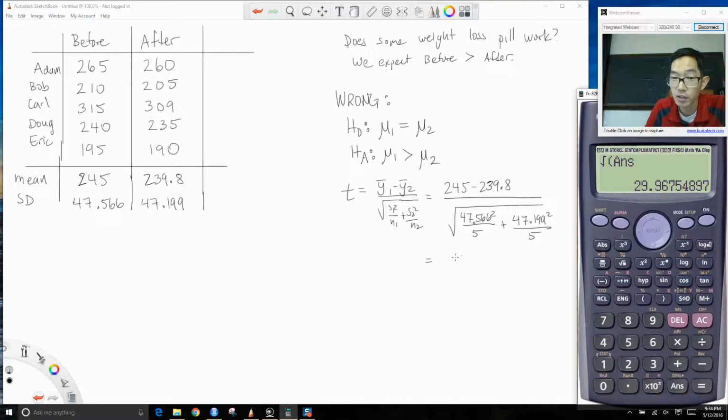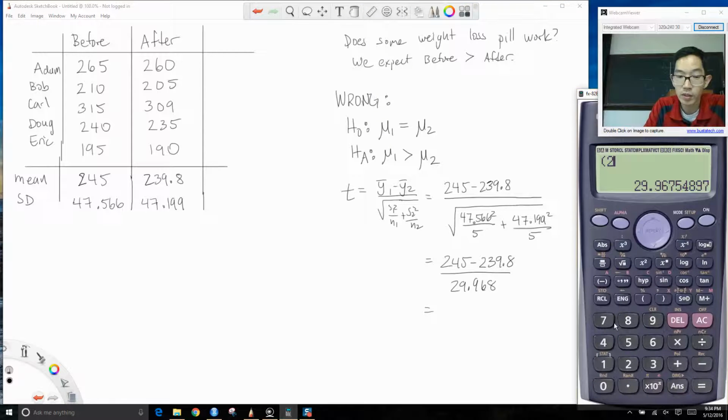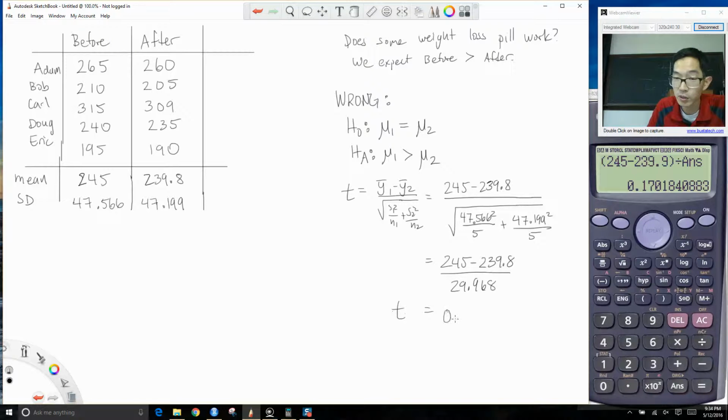So I have 245 minus 239.8 divided by 29.968. I get a test statistic t equal to 0.17. Okay, and so this value ends up being only 0.17 standard deviations away from 0.